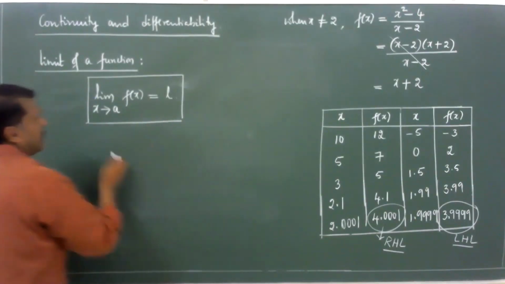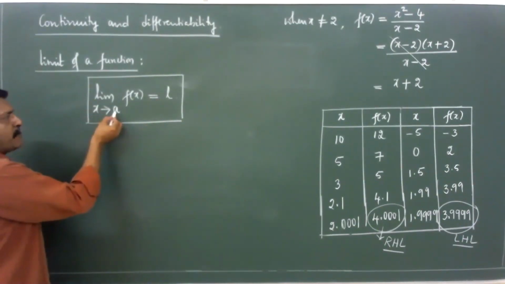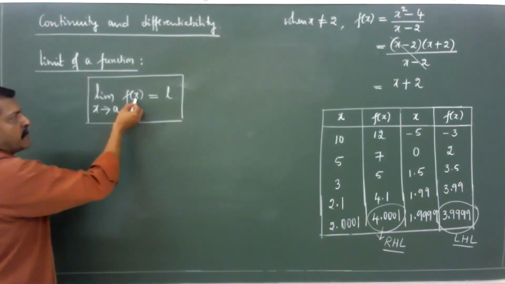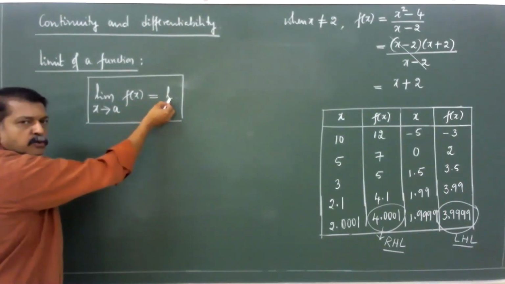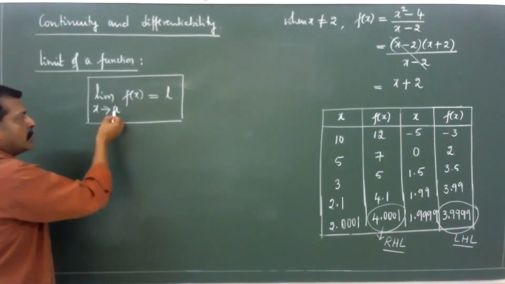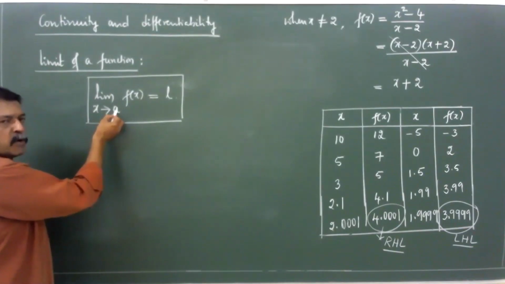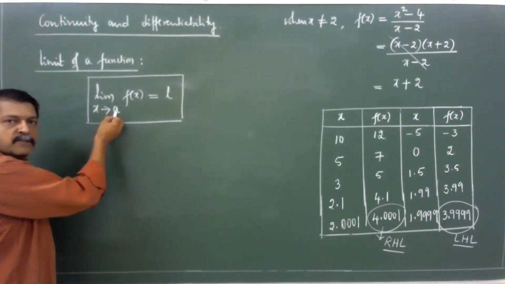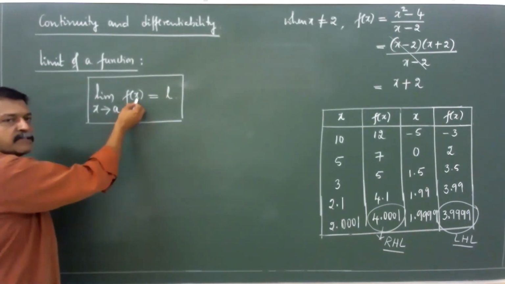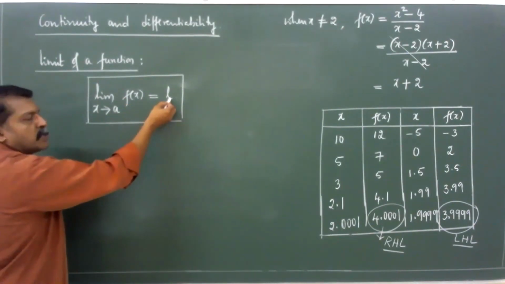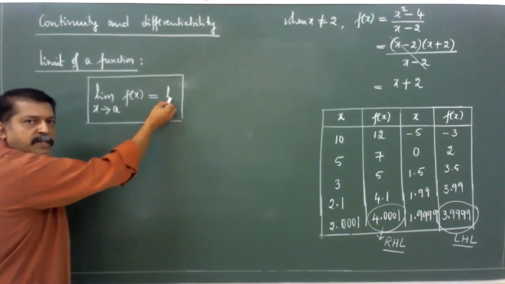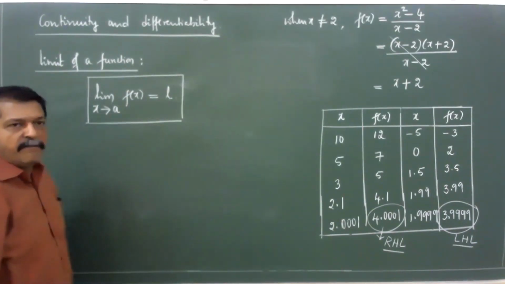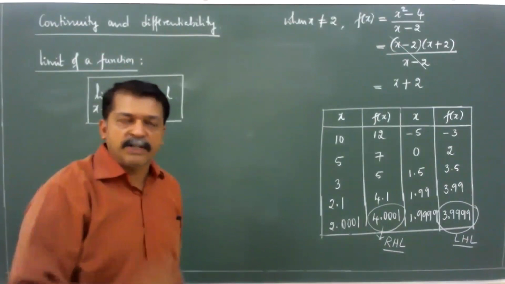As and when x approaches a, f of x takes values close to L, or in the neighborhood of the point x is equal to a, f of x takes values which are very close to L. This is how we define the limit of the function.